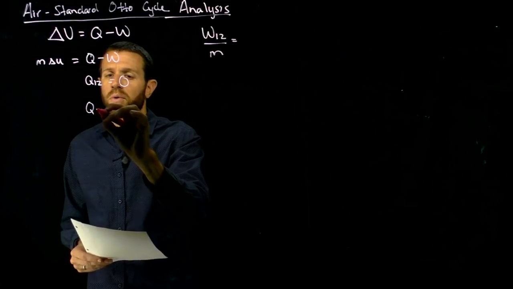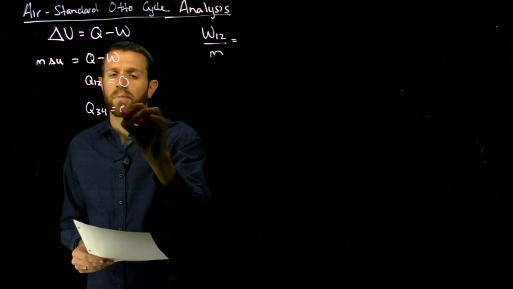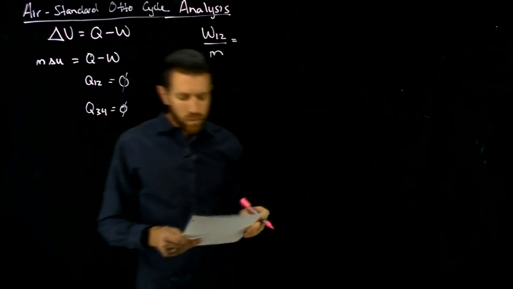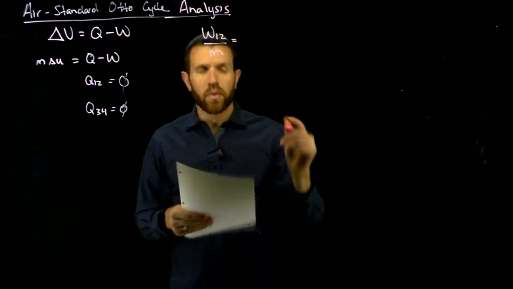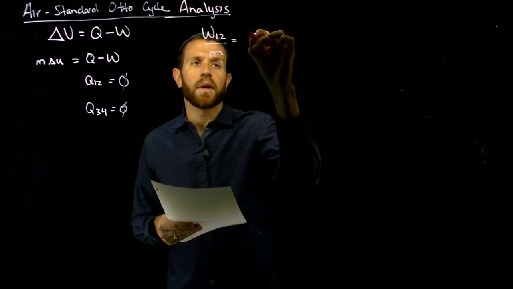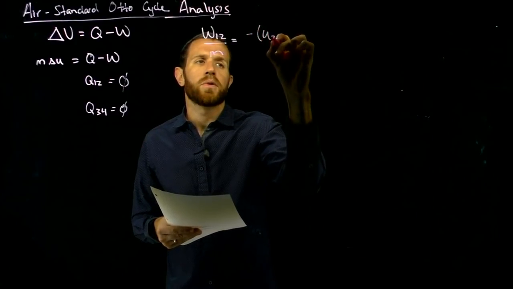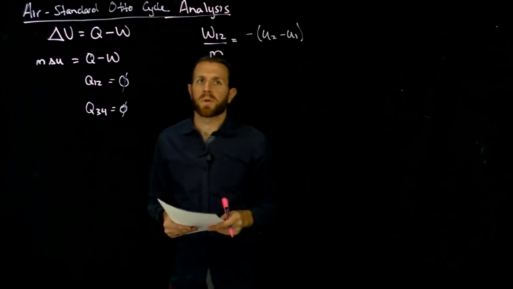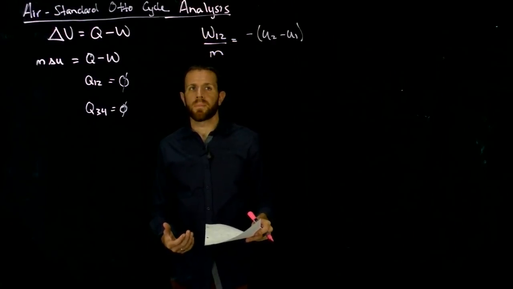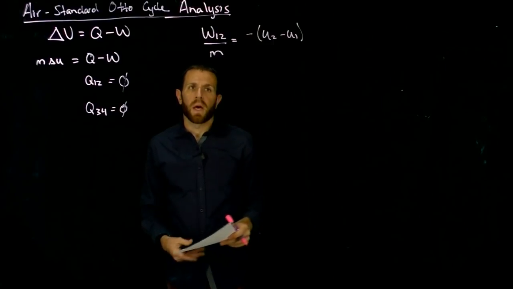Also, Q34 is 0. So work 1, 2 over m is going to be minus u2 minus u1. All right, so that's going to be into our system as we're compressing our gas.